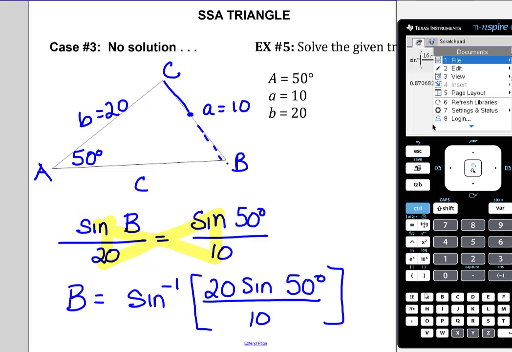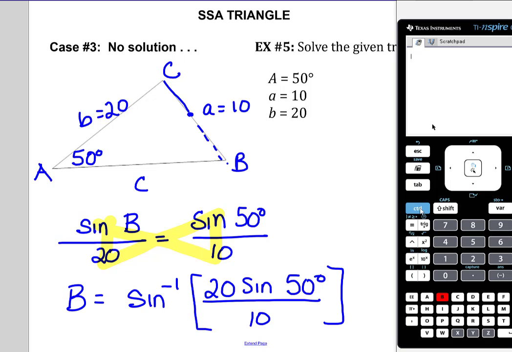So once again, we got the sine inverse and 20 times the sine of 50 degrees divided by 10. Whoops, messed that up. I got a 0 up there.